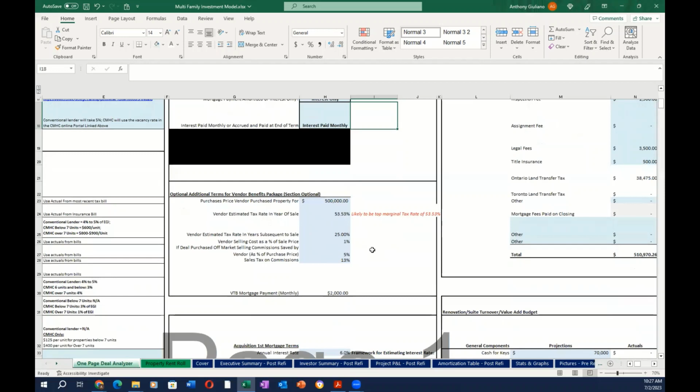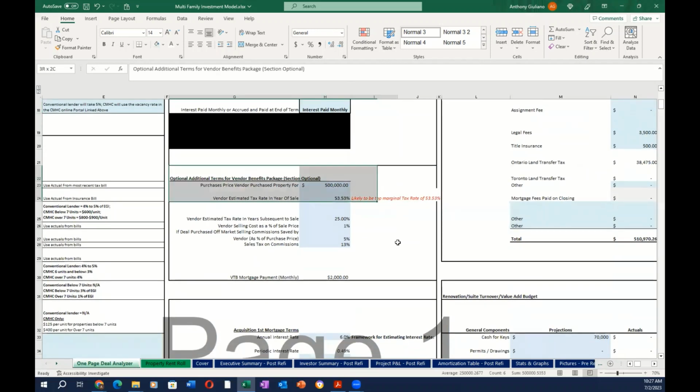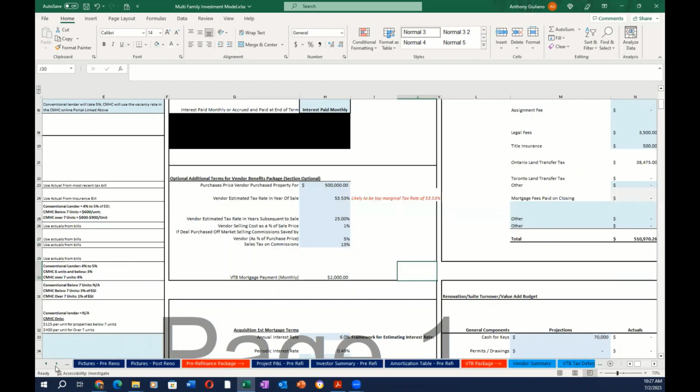So the next section here is also an optional section. It's optional if you would like to have the VTB module in the back over here get calculated. The purpose of this section is to really help you present to the vendor of the property what their tax benefit will be by selling the property to you through a VTB mortgage.